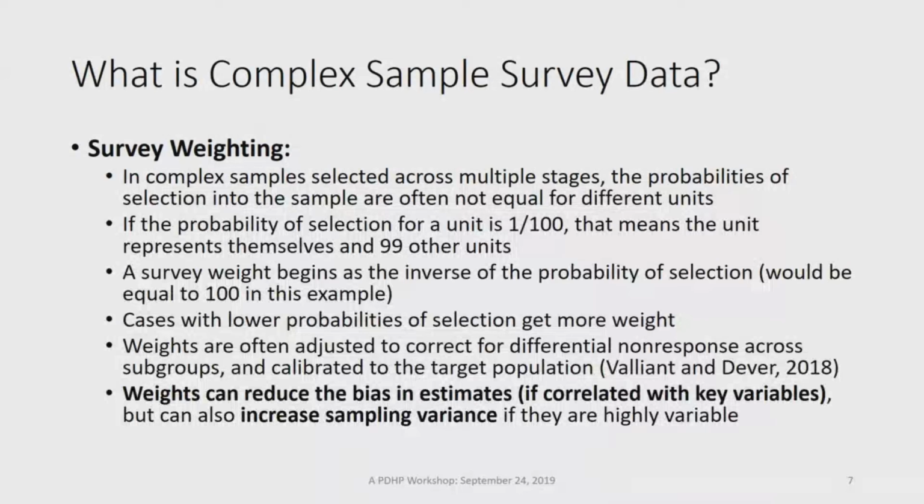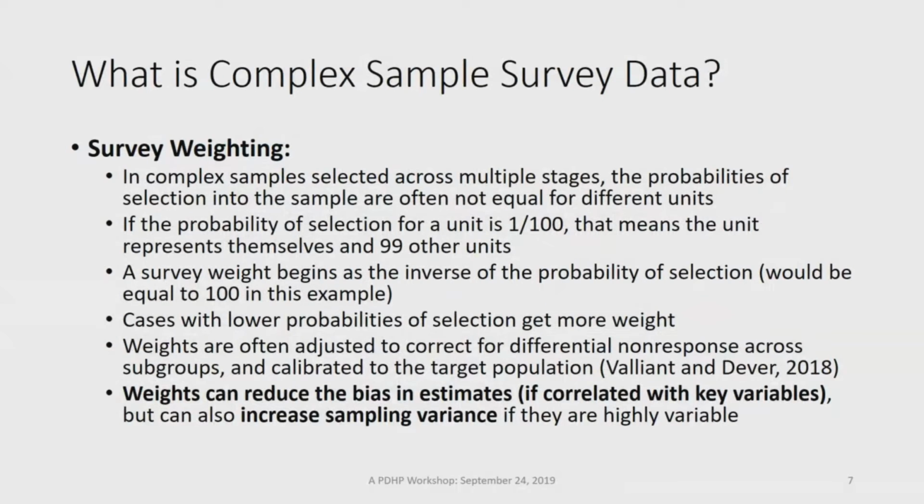If we oversampled certain subgroups or certain types of subgroups didn't respond, whatever the case may be, and the weights that result from that process have a correlation with the variables that we're ultimately interested in, whether it's for a regression model or for a descriptive estimate, we need to use those weights in estimation to remove that sampling bias. And there's a drawback.